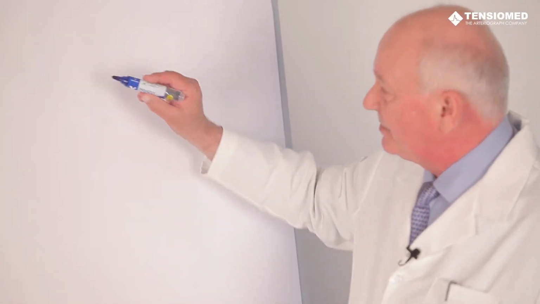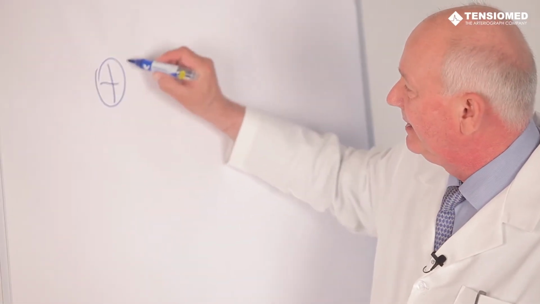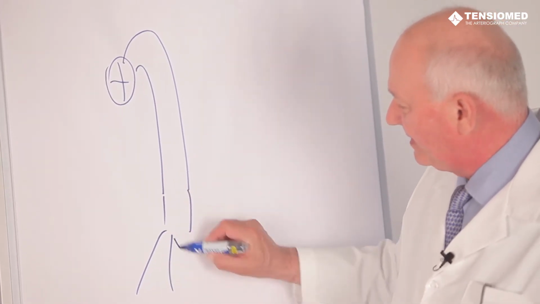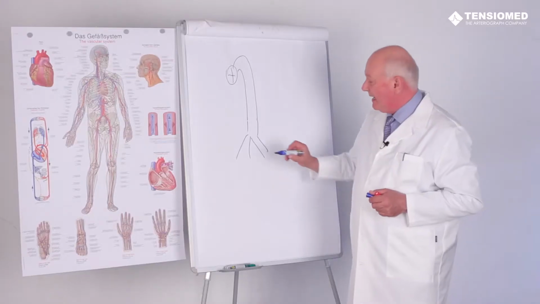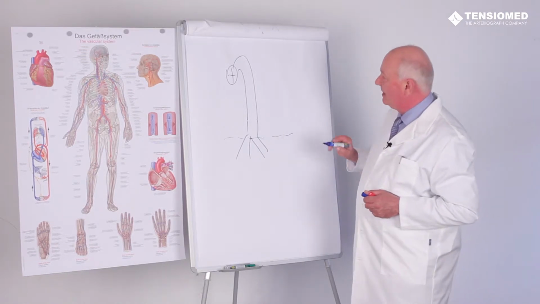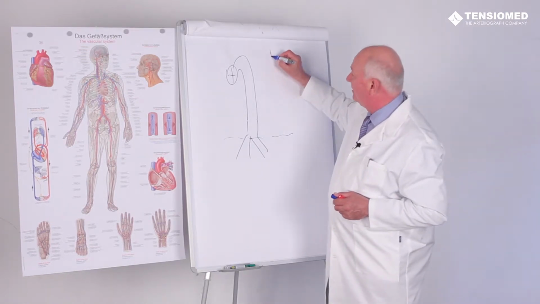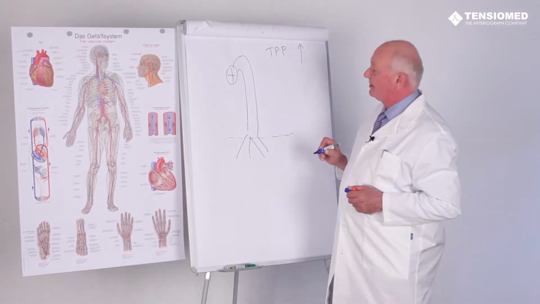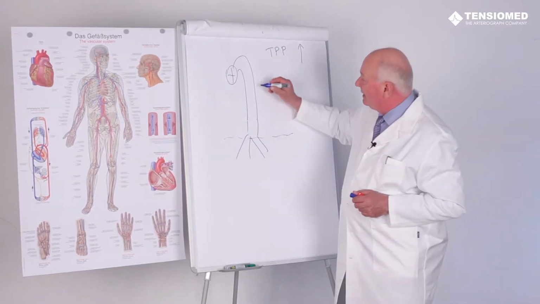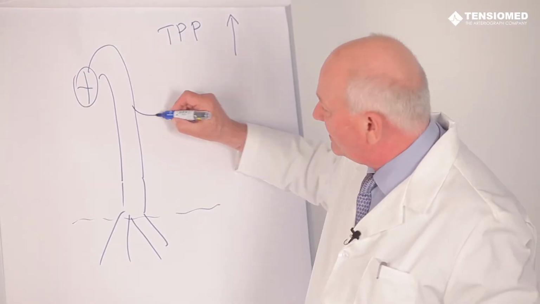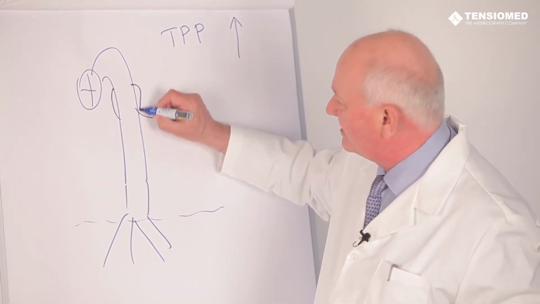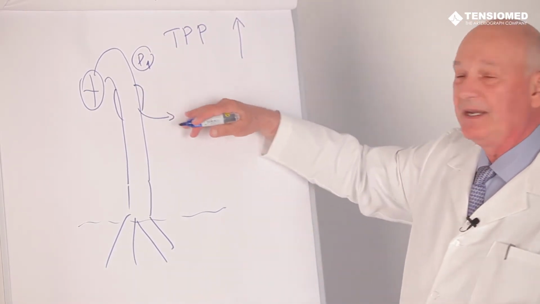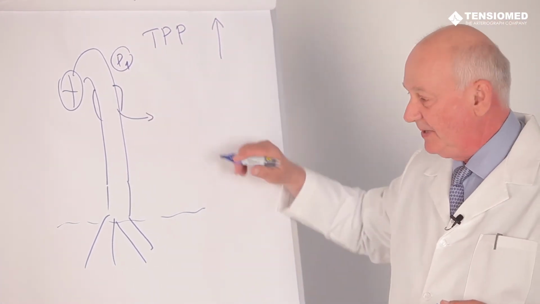The augmentation index is basically based on the peripheral vascular resistance in the upper body. If the total peripheral resistance of the arteries and arterioles is high, then during the ejection and during the P1 action, just a small amount of energy can be driven towards the periphery.